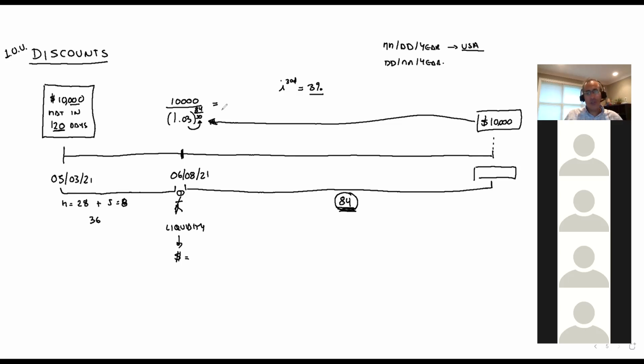And this is your discount. So your discount here is going to be basically equal to $10,000 divided by, you help me here, 1.03 to the power 84 divided by 30. So you verify this number.